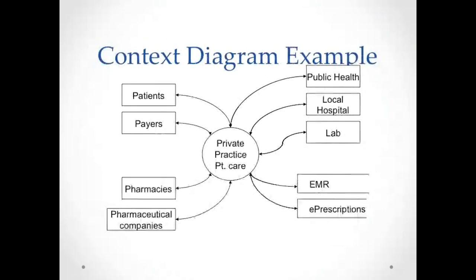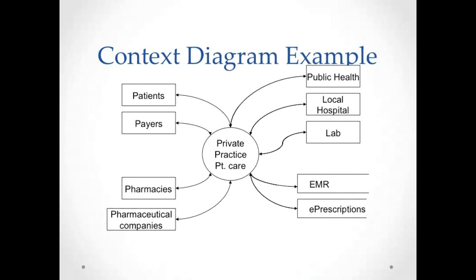So the first one, this is what we call a context diagram. And what we mean by context diagram is the interface between a particular system and the rest of the world, which is really, really important for letting you know where data are coming from and where data are going to. When you design a system or specify one, that's the first thing you need to know.